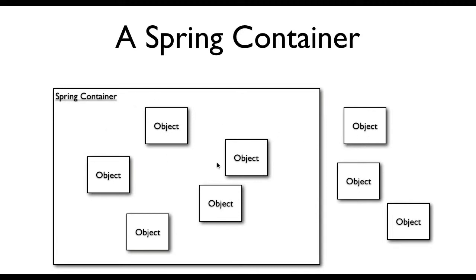So the way the objects are created by the Spring container is, instead of writing the code that says new object, you would write code to ask the Spring container to instantiate this object and then pass it to this object. This is something called a factory pattern. So let's have a quick look at what factory pattern means.